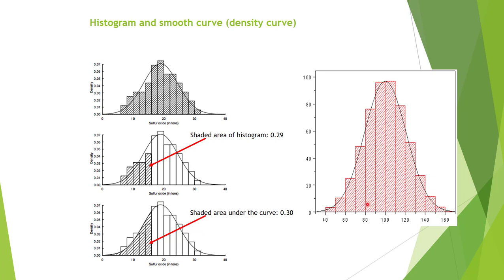I can also find a corresponding normal curve for my normally distributed histogram. So here is my normal curve. If you understand the characteristics of this particular histogram, you should know the characteristics of this normal curve.